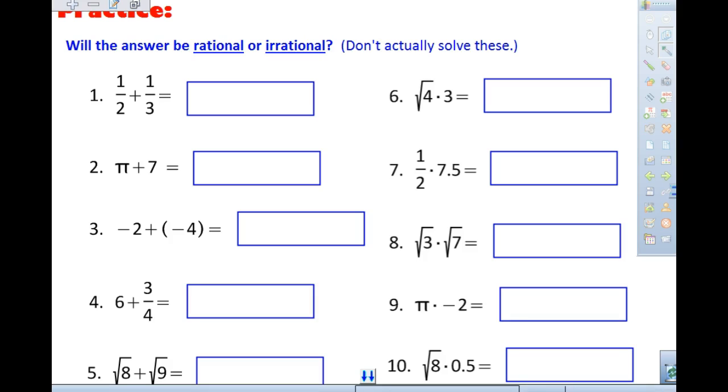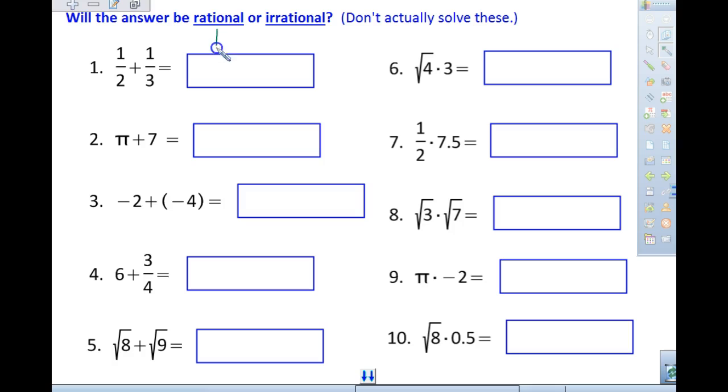All right. So, you are asked, do not solve these. I want you to put an R for rational or an I for irrational behind each one. After you have gone down that first column, please check with your shoulder partner and see if you agree or disagree, and then do the second column. R or an I. Go. R for rational, I for irrational. After you've done the first column, I need to hear you talking to your shoulder partner and telling your answers and why you put that.